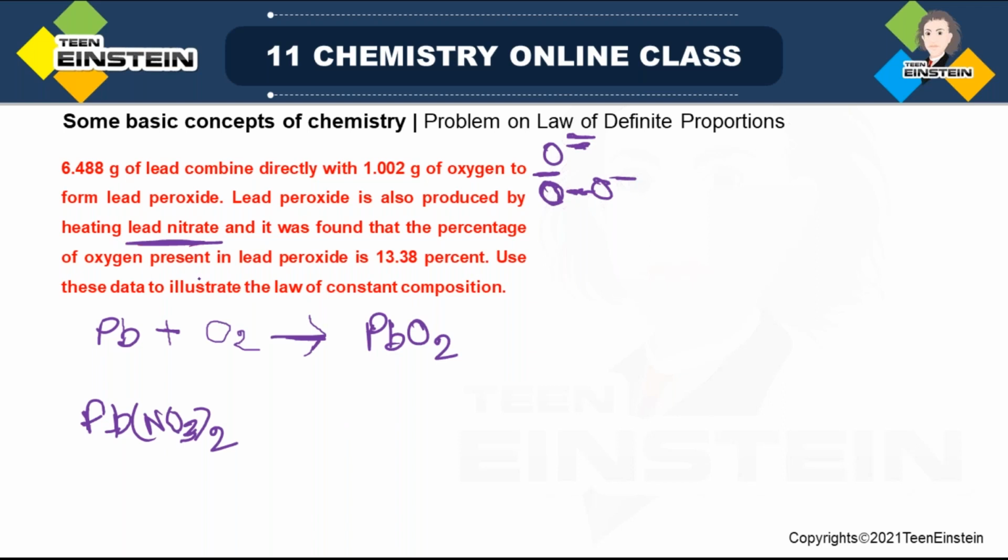It was found that the percentage of oxygen present in lead peroxide obtained by heating lead nitrate is 13.38%. Use this data to illustrate the law of constant composition.